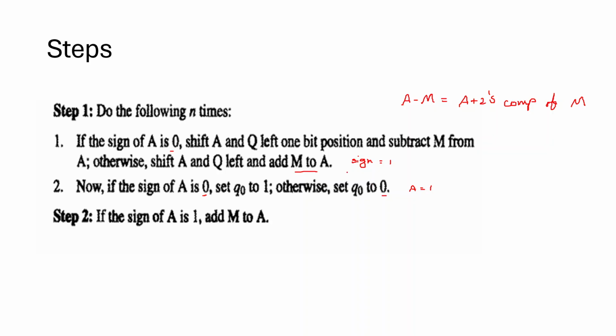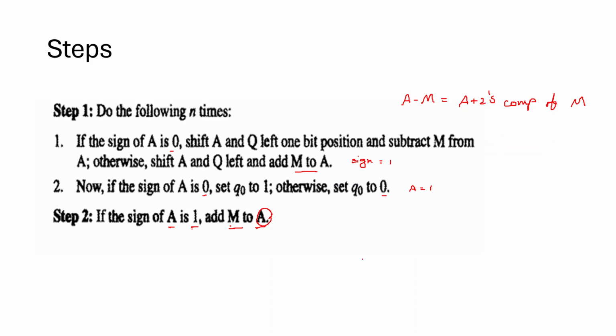Once all the cycles have been completed, you need to check again the sign bit of register A. If the sign bit is 1, then you have to add M to A, which gives the remainder.